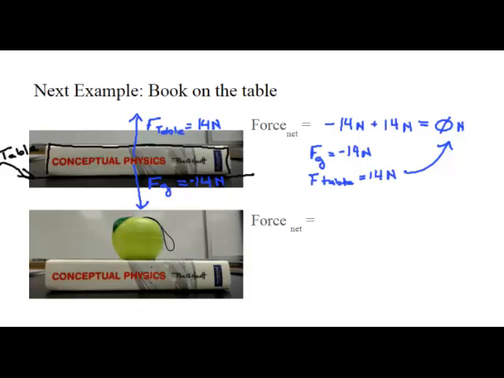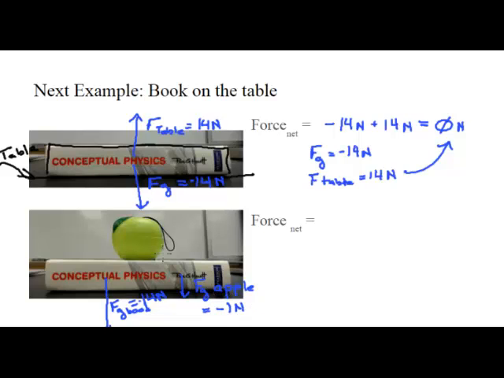Well, I've changed the scenario a little bit. What have I done? I've put an apple on top of my book. Now there's two forces. So not only do I have the force due to gravity of the book, which I know to be negative 14 newtons, I also have the force due to gravity of the apple, which is negative 1 newton.